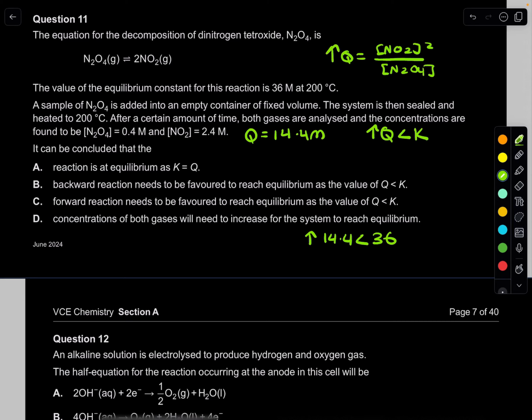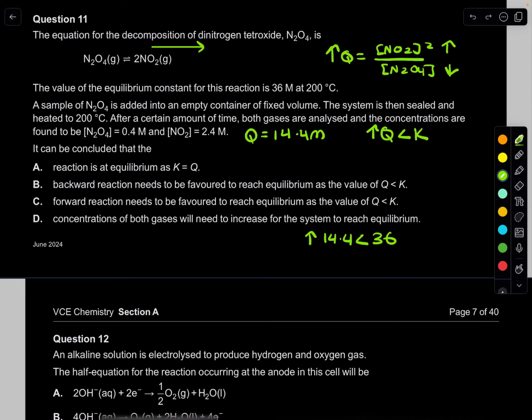Well, of course, the numerator has to increase, but the denominator must be decreasing too. It must decrease for Q to increase. And so what does that tell us? The concentration of NO2, which is the product, is increasing. So it's actually favoring the forwards reaction. Because when it's favoring the forwards, it's creating more of that NO2, and it's decreasing the N2O4, which is what this is telling us. So basically, it's favoring the forwards reaction.